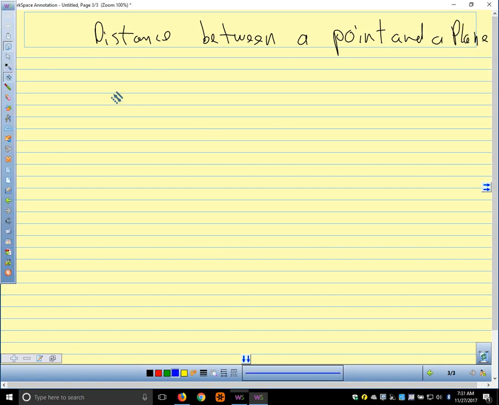And if you remember, when we talked about the distance between a point and a line, we used a cross product. So let me draw a picture here. Here's our plane.